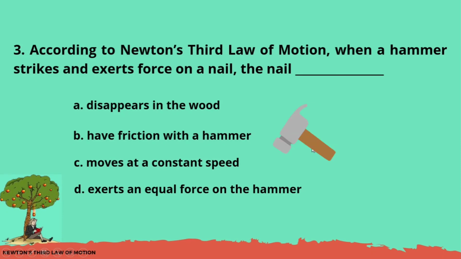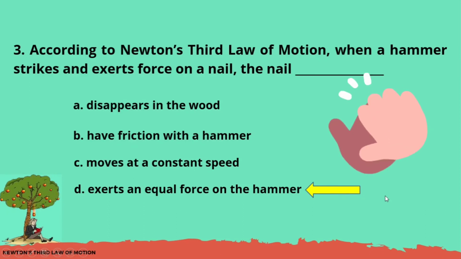And letter D. exerts an equal force on the hammer. Please write your answer. Alright, time's up. The answer is letter D. The nail exerts an equal force on the hammer.